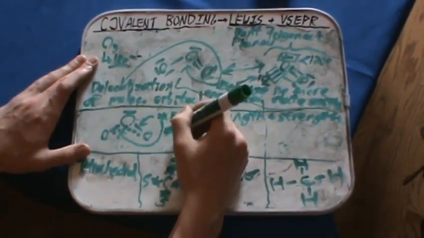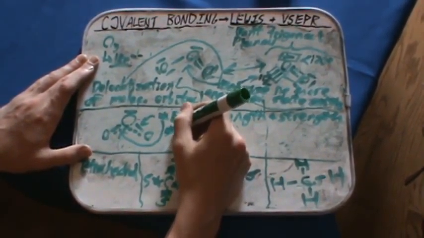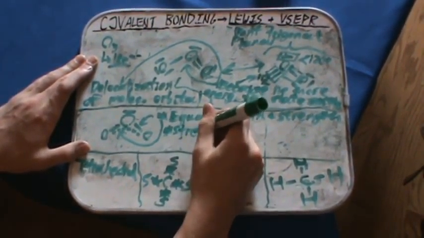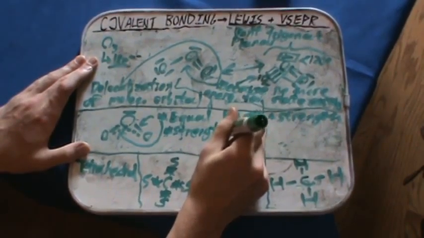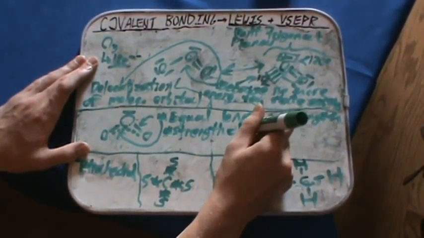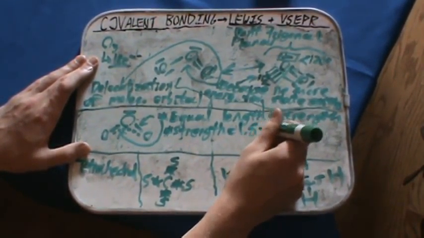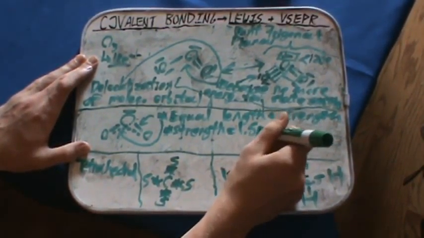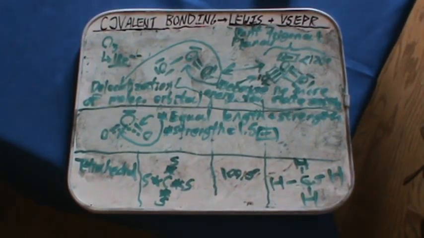And so the strength, we could say, is almost 1.5 times a single bond. This is our area of electron density, and that is a single bond. 1.5 times a single bond.